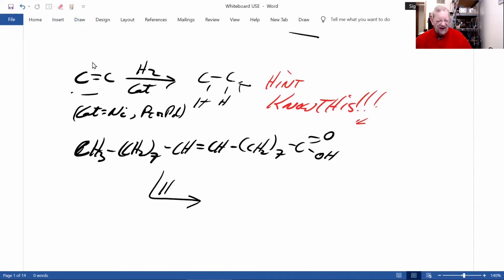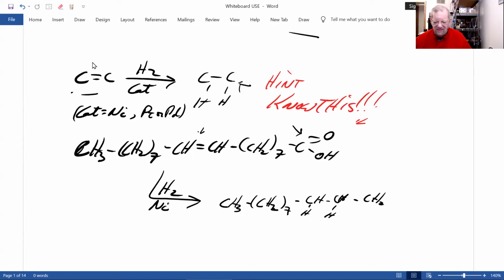If I take this and react it with, say, hydrogen and nickel, the carboxylic acid will not be hydrogenated. It will not react with hydrogen and a catalyst, but a double bond will. Do you break carbon-carbon single bonds? No. So break the pi bond. Each carbon of the double bond gets a hydrogen. And this is what you get.